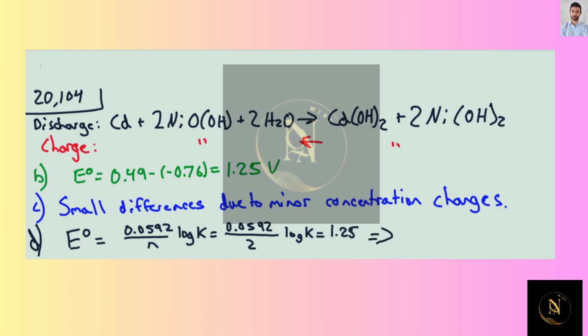So we solve for K by multiplying both sides by 2 over 0.0592 and taking the antilog, and when we do that we get a value of 1.70 times 10 to the 42nd power.